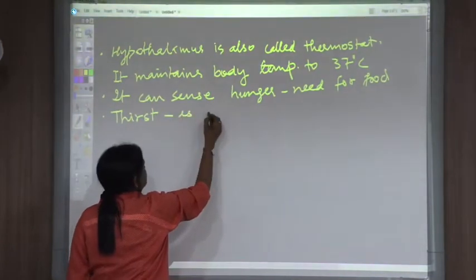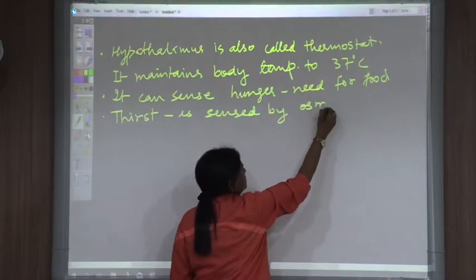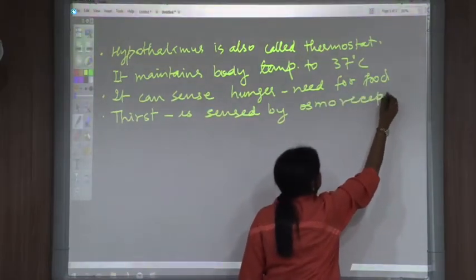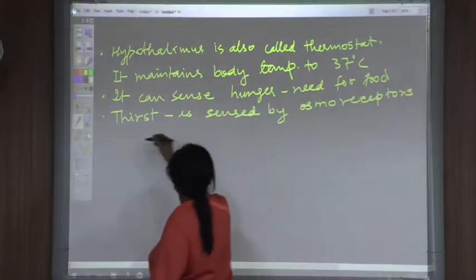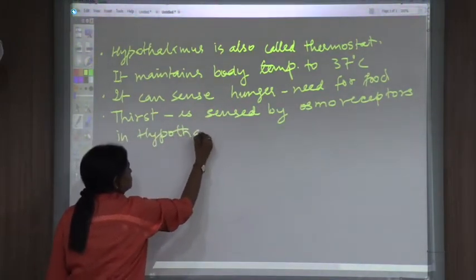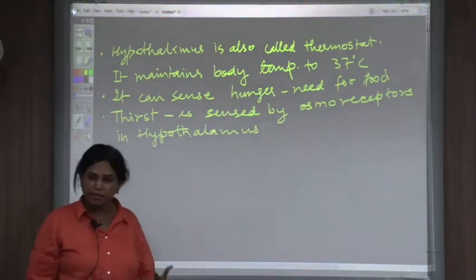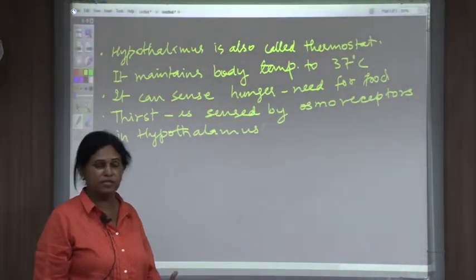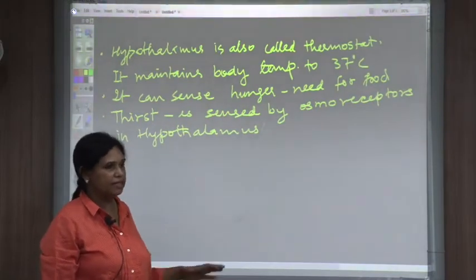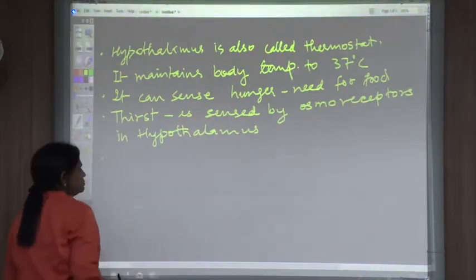Also thirst, whether you want to drink water or not, again there are some osmoreceptors in the hypothalamus, and these cells can sense the need for water. So you'll be drinking water as and when the salt concentration increases in the blood, and this is sensed by your osmoreceptors in the hypothalamus.